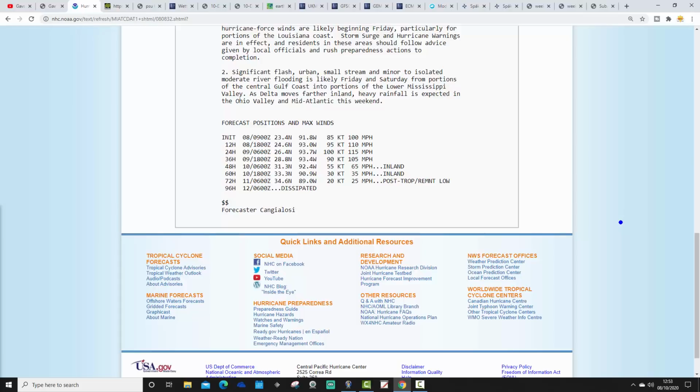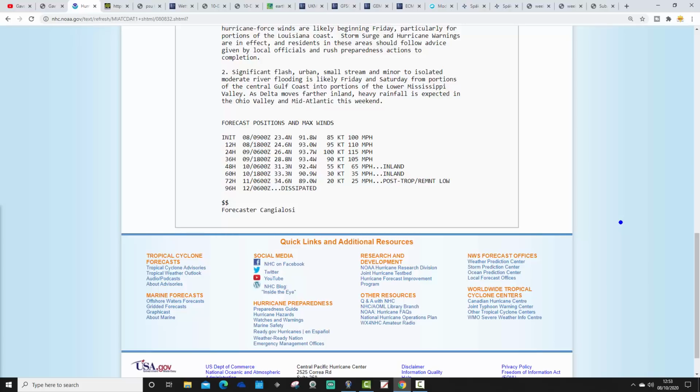At one point, this was forecast to reach landfall as a category 4 hurricane with maximum sustained winds above 130 miles per hour. So this has weakened a little bit. Not being forecast to be quite as strong as it was, but nevertheless, maximum sustained of 115 miles per hour. You can imagine there's going to be gusts going up to around probably 140 miles per hour with that.